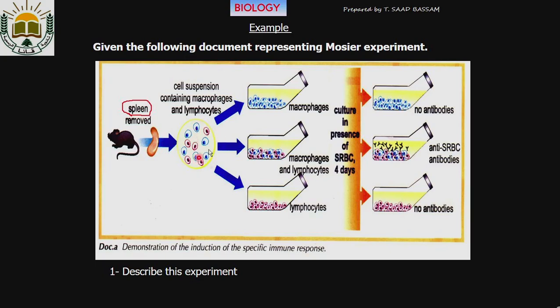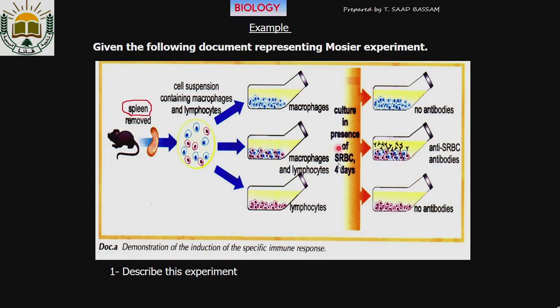Some cells are called macrophages and the others lymphocytes. We separate these cells in 3 containers. In the first container, we put macrophages. In the second, macrophages and lymphocytes. And in the third, lymphocytes.